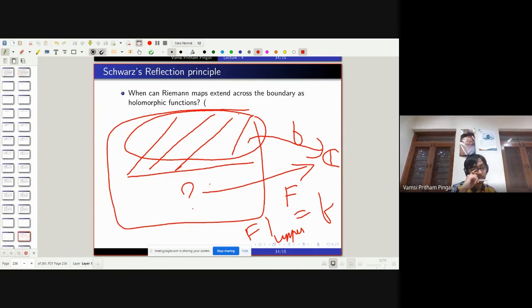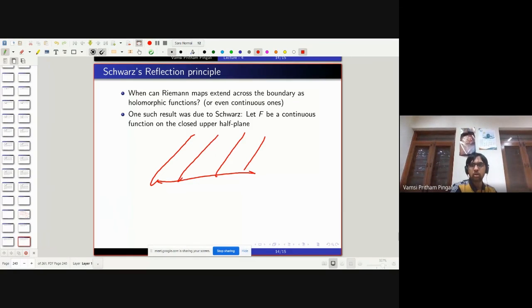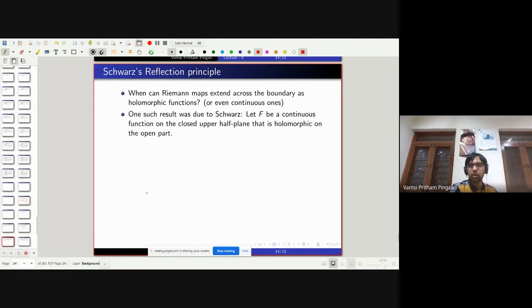Can I always do this? The answer is no, you can't always do it. But Schwarz's reflection principle says that if you have a continuous function on the closed upper half plane, such that it is holomorphic, it is analytic here, and it is continuous till this part.